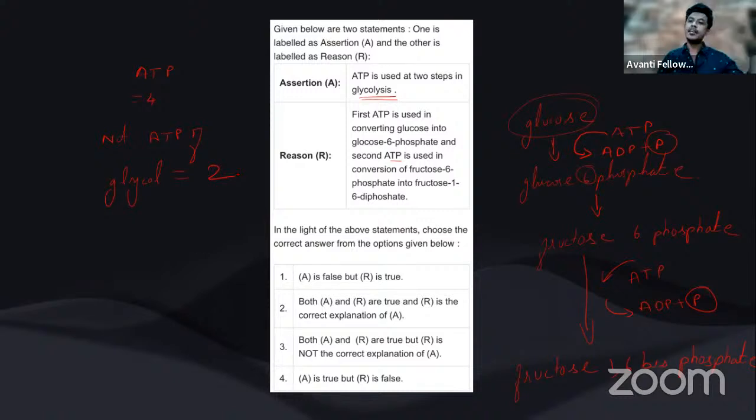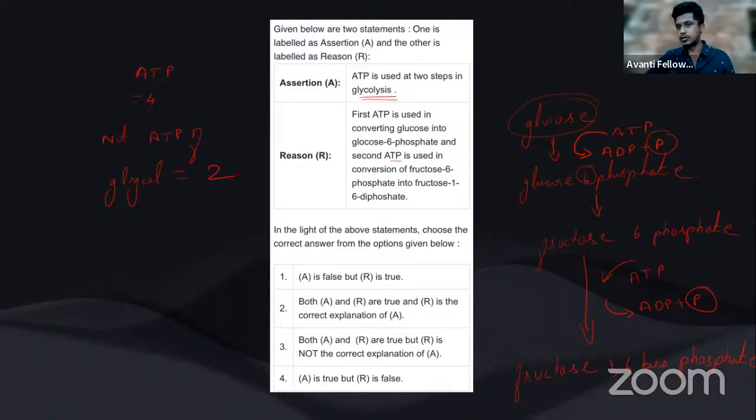Net is after investment, what is the return? You are not calculating the investment in gross, but in net we minus the investment and only take the profit. So when I say net, that means profit. The profit of ATP that we get from glycolysis is 2. The reason is, out of the 4 ATP, that is the overall ATP that we get out of glycolysis, 2 of them will be utilized during this process, that is glucose into glucose 6-phosphate.